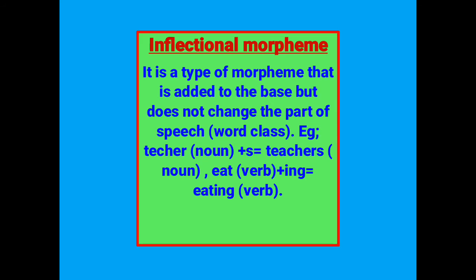inflectional morpheme. As we said, we have two types of morpheme: the derivational morpheme and the inflectional morpheme. An inflectional morpheme is a type of morpheme that is added to the base but does not change the part of speech or the word class.